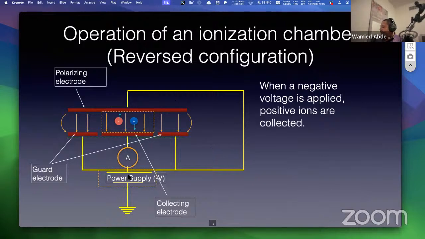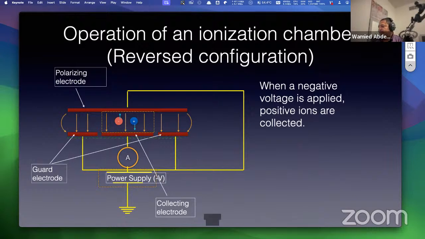So when we put a negative voltage, then these electrodes will be at a negative potential, and the charge that is going to be attracted and collected will be positive charge. So actually, when you use a chamber, you can determine if this chamber is connected in a standard configuration or in a reverse configuration. All you need to do is put the potential, let's say 300 volts, and look at the sign of the signal that is collected.